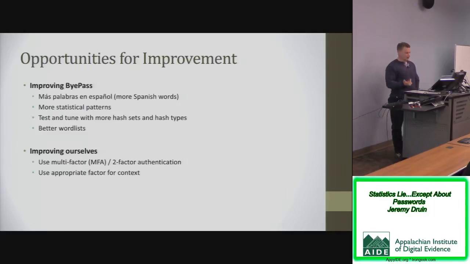So that was good. The other thing is using the appropriate factor for the context. I work with a lot of application teams. Although I do a lot of network pen tests, I still do a lot of web stuff as well. And I see a consistent pattern where, because people are very good at using passwords, remembering things and knowing what they're supposed to type in.